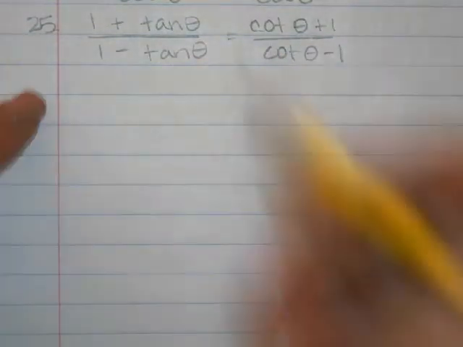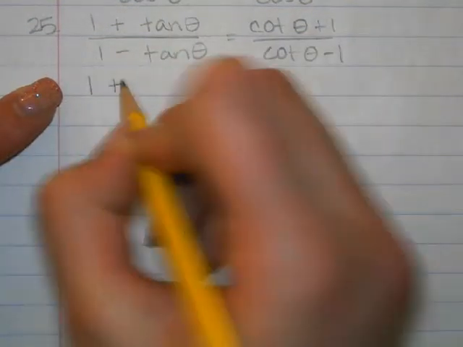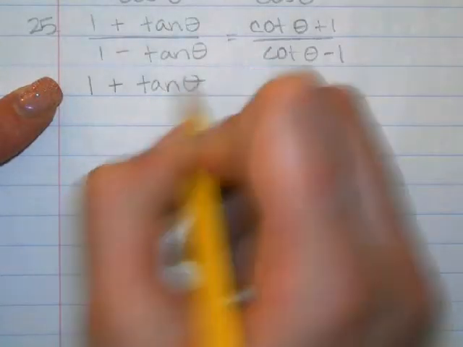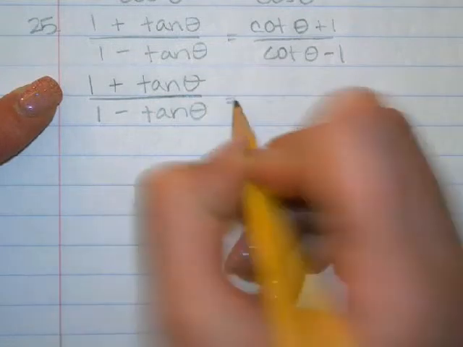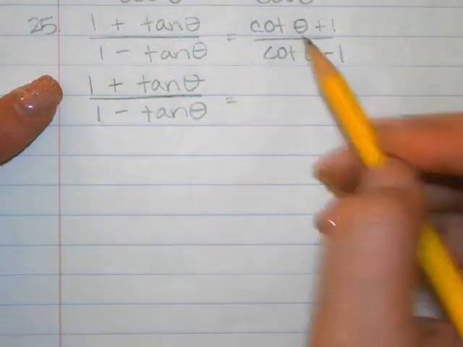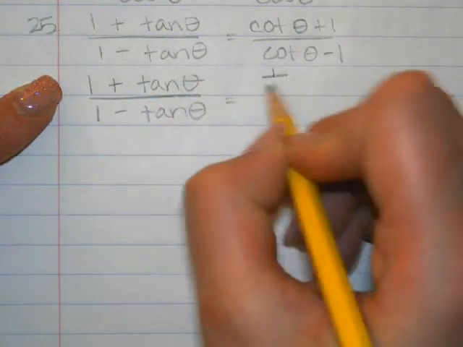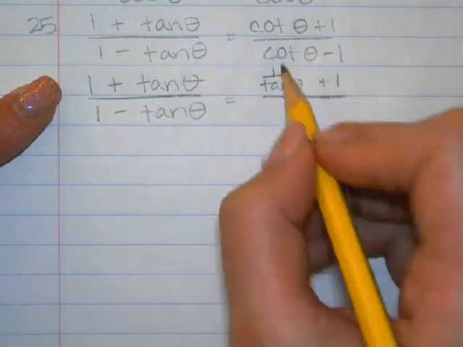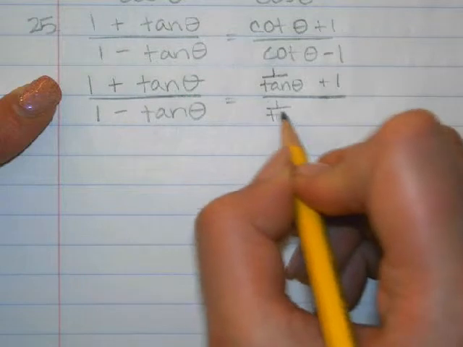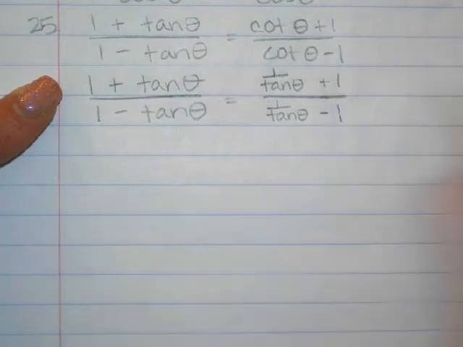The right side. Okay, let's write the left side down and keep it the same. On the right side, I'm going to say that cotangent is 1 over tan plus 1, and then 1 over tan minus 1.